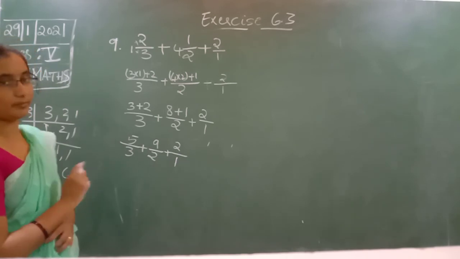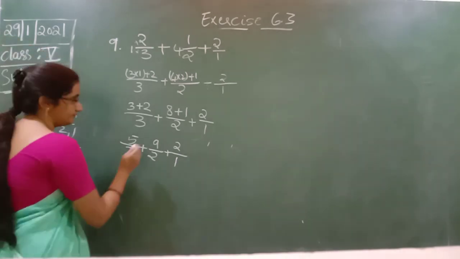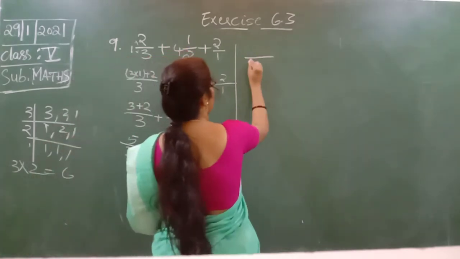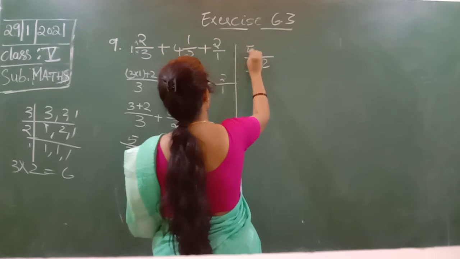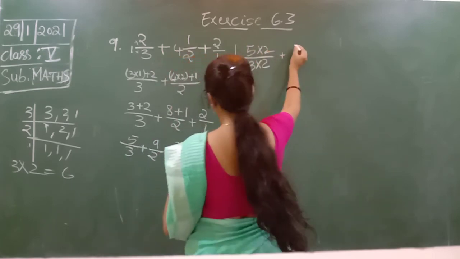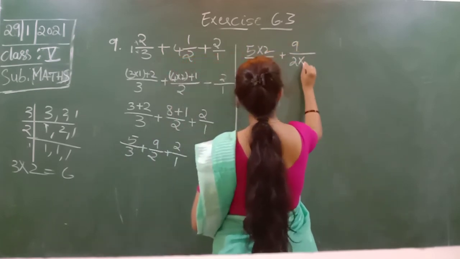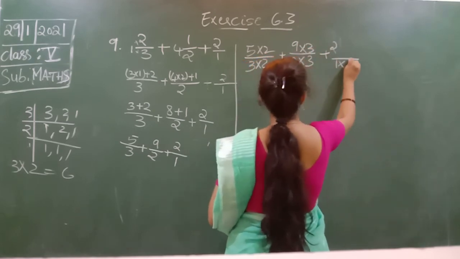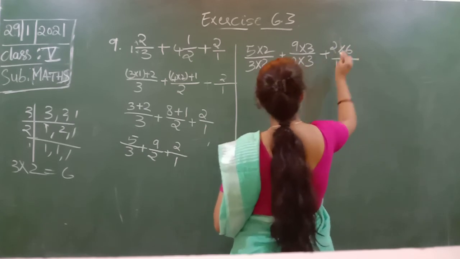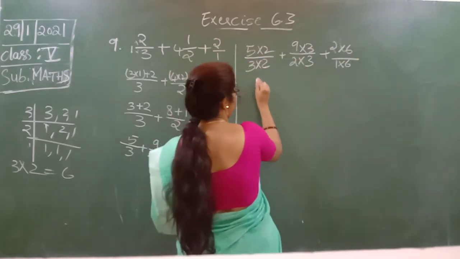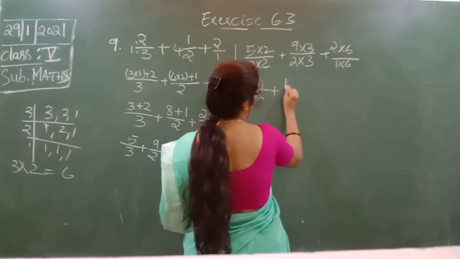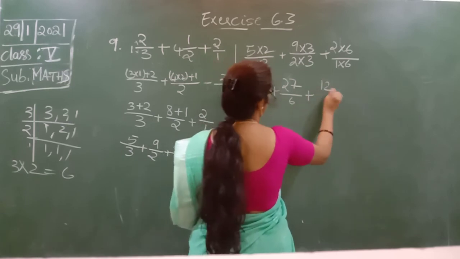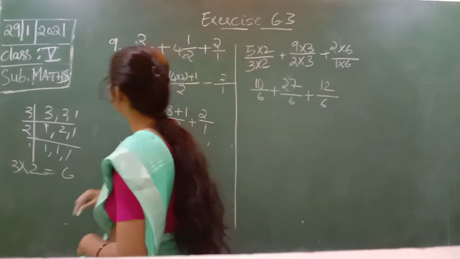Now we have to convert them into sixths. How? 3 into 2 is 6, then 5 into 2. 2 into 3 is 6, here into 3. 1 into 6 is 6, 2 into 6. 5 twos are 10. 10 by 6 plus 27 by 6 plus 12 by 6. Right?